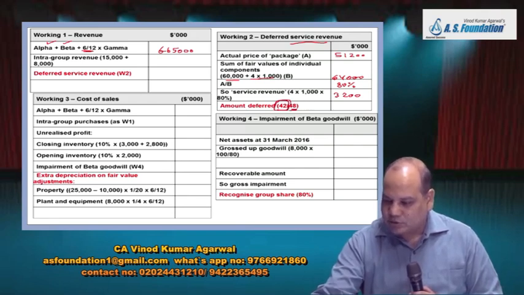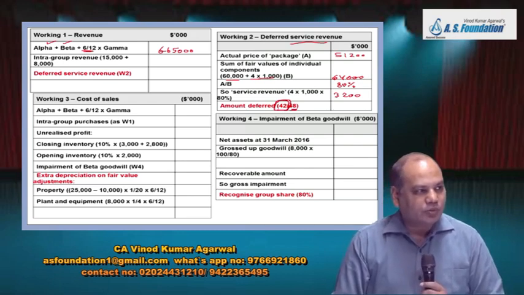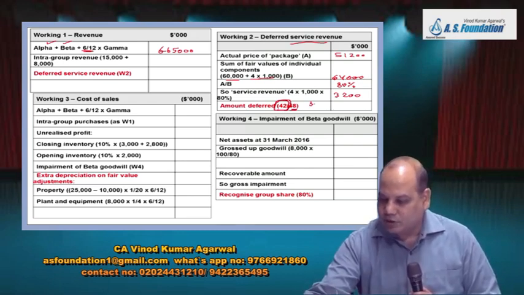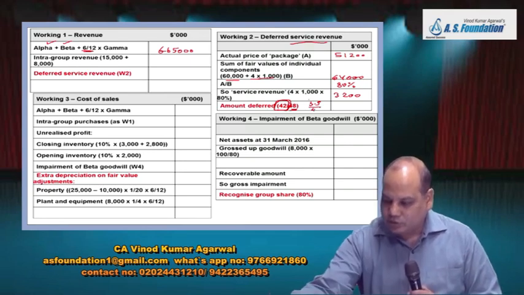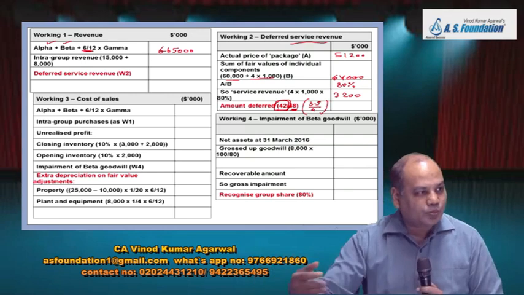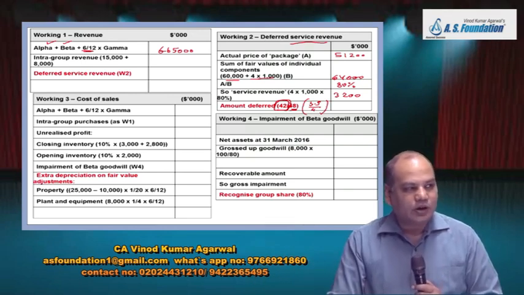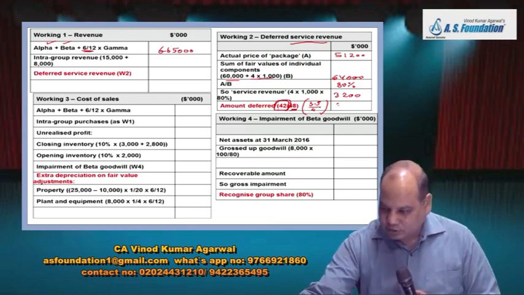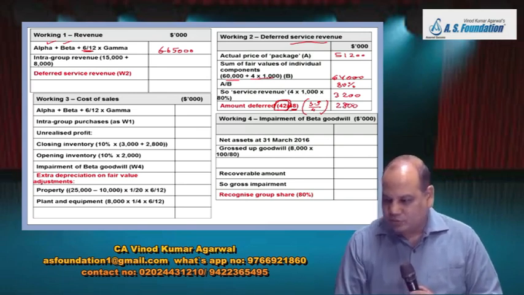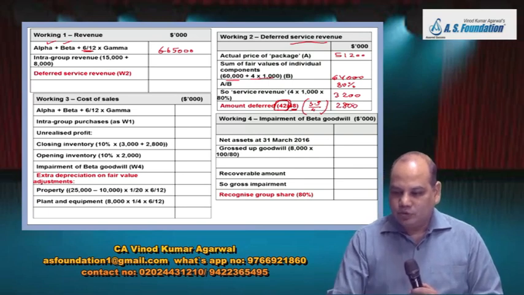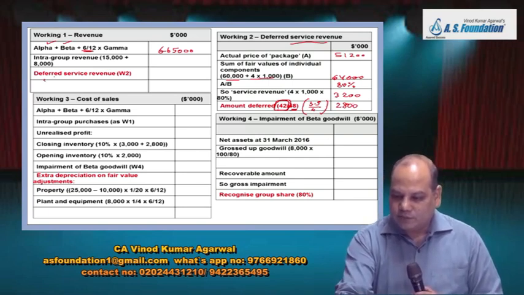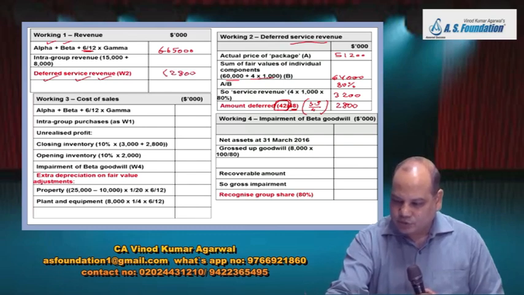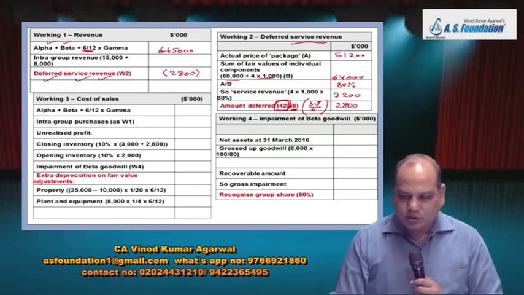So how many months are still pending? 42 months. Or you can write 3.5 divided by 4 years. This much revenue will be postponed, deferred. It relates to future. So it comes to 2,800. Anyway you present, don't bother. So now you write here, deferred service revenue which will be deferred for future period, 2,800.